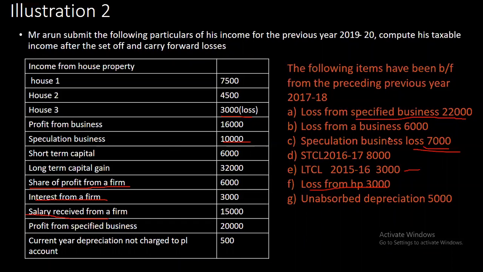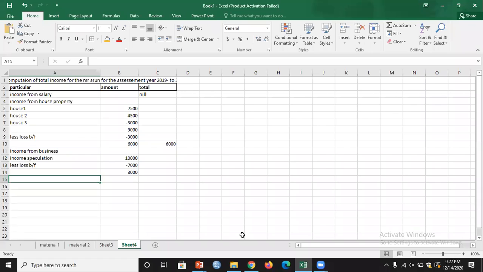The next thing is income from specified business. Profit from this specified business is around 20,000 rupees.